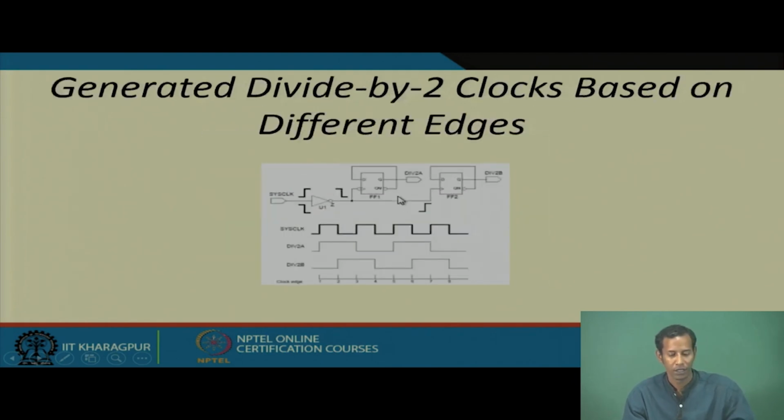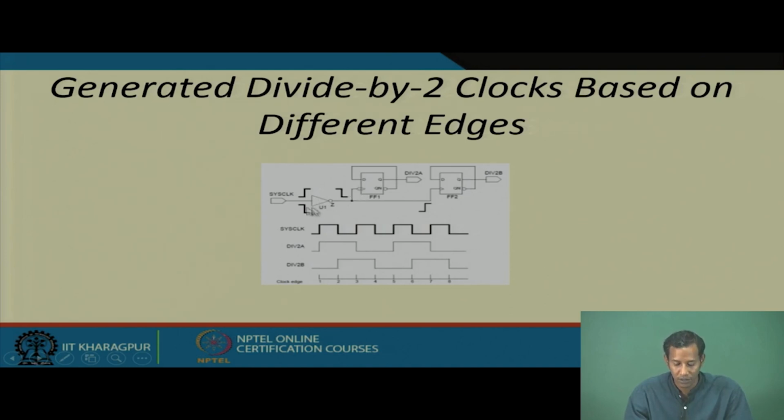Now, how can you generate divide by 2 clocks based on 2 different edges? Suppose you have the system clock. Now you pass this system clock through one inverter, which gives the negative edge clock. You pass this directly to one flip flop, and another with the inverted clock.